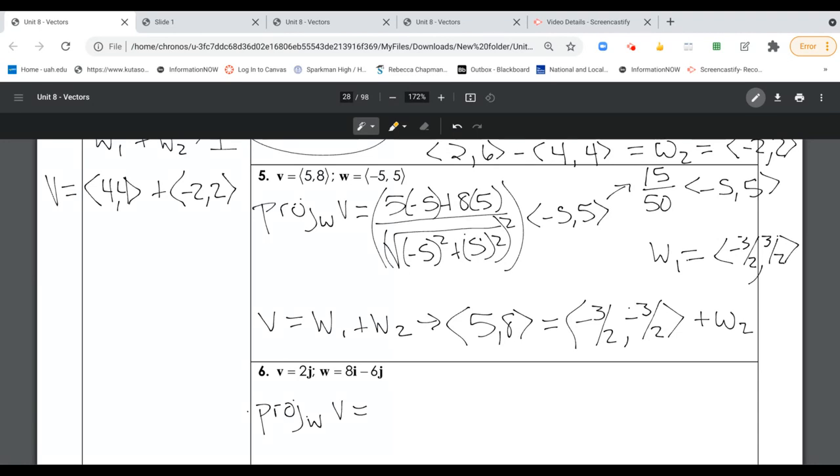I'm going to subtract this vector, so that would be 5, 8 minus negative 3 over 2, 3 over 2. I apologize, I wrote down too many negatives. For a grand total of W2 equaling 13 over 2, 13 over 2.